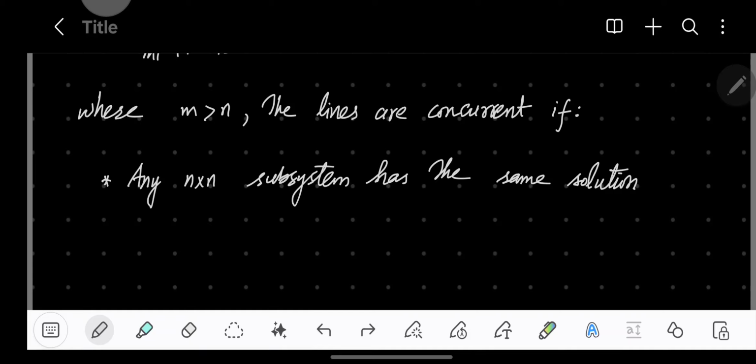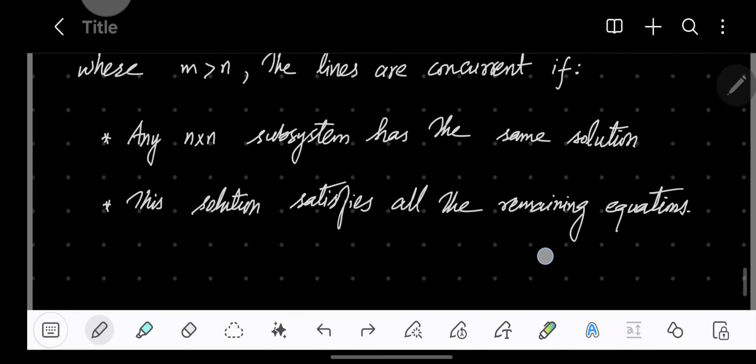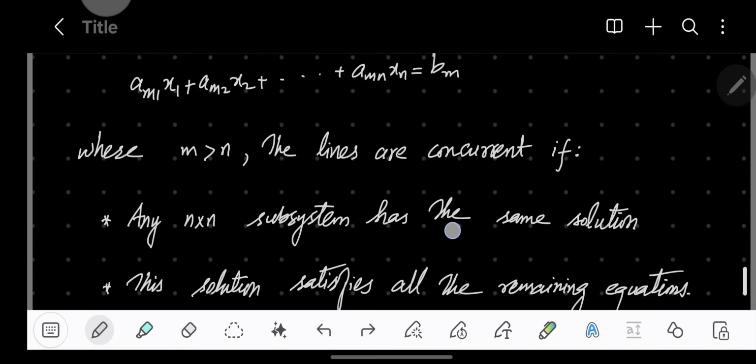So if you take any n by n system, it must have the same solution. And the second condition is that the solution satisfies all the remaining equations. So if these two conditions are satisfied, we will say that the system is concurrent.